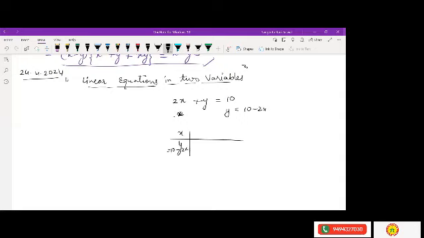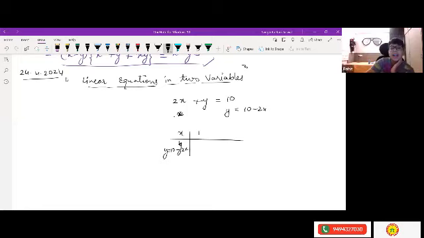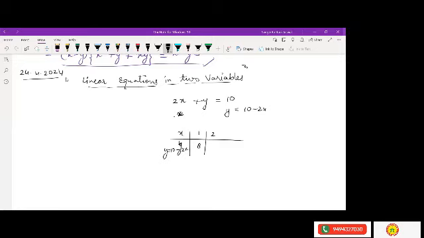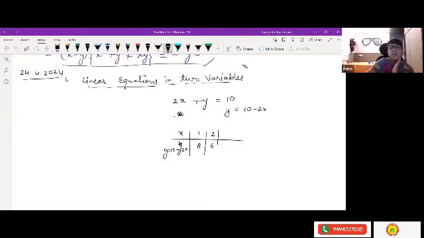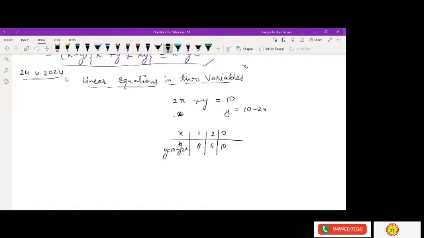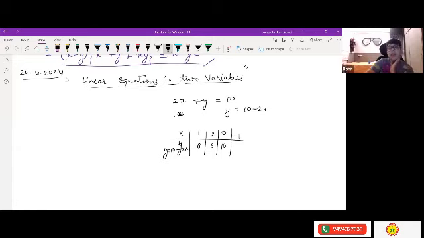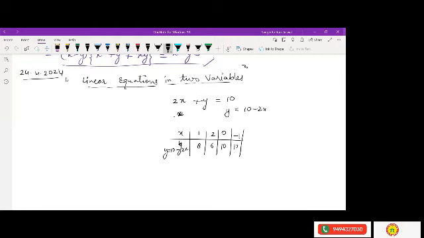Suppose x is 1, then my y will be 10 minus 2, that is 8. If my x is 2, then y will be 6. If my x is 0, then my y will be 10. If my x is minus 1, then my y will be 10 plus 2, that is 12.